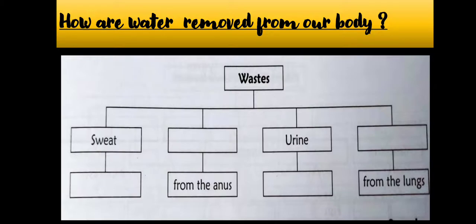Because water helps in the removal of waste materials from the body. So, in the form of sweating. Second is given from the anus, and third is urine, and fourth is given from the lungs. So we will complete this flow chart.